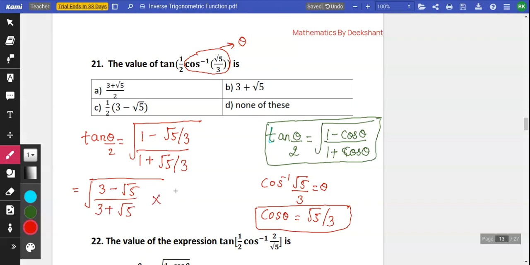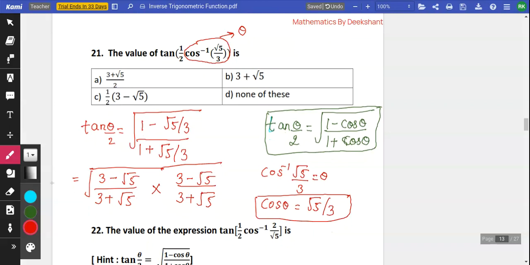After rationalizing, it becomes square root of (3 minus square root of 5) square upon a square minus b square, which is 9 minus 5.